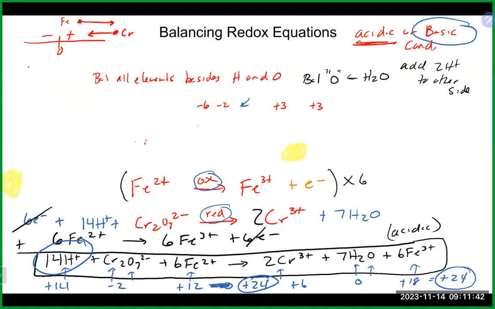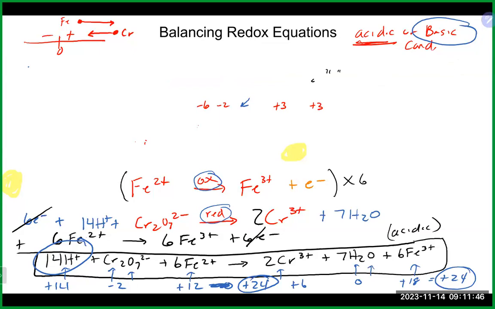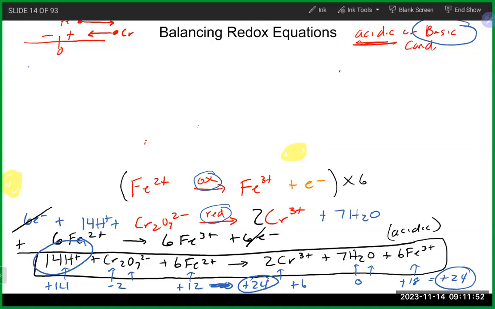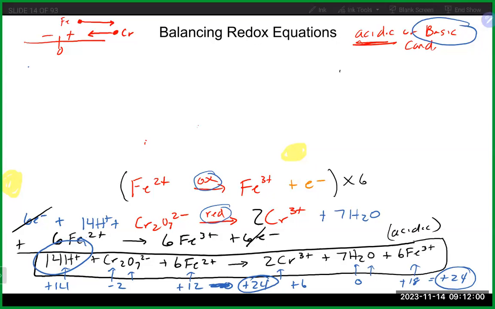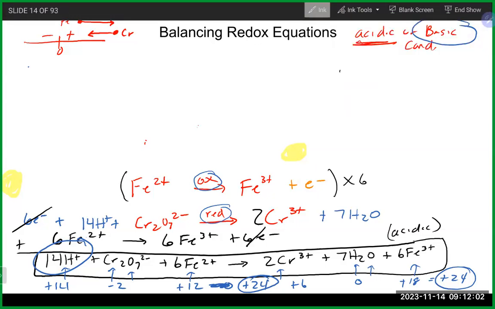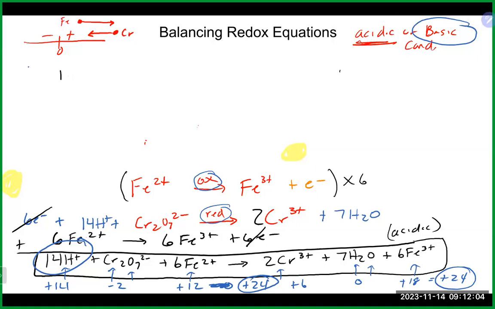Now that I have balanced it in acidic conditions, all you need to do is take the equation that you just wrote. I'm just going to recopy it above. So this is our balanced equation in acidic conditions.